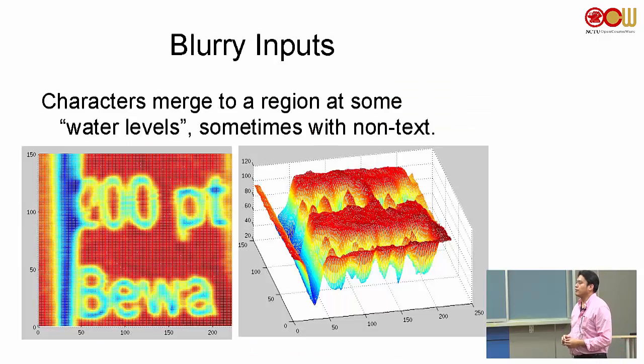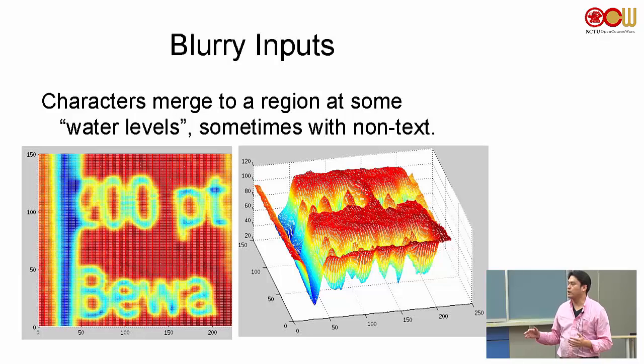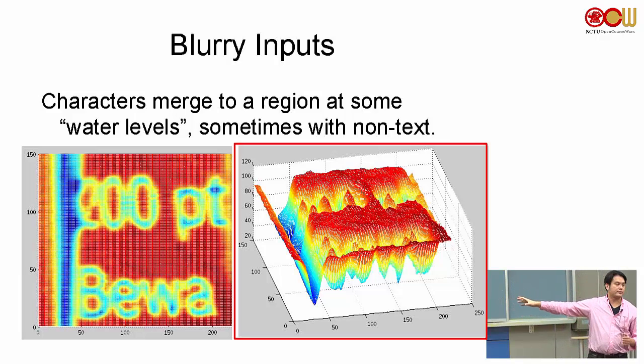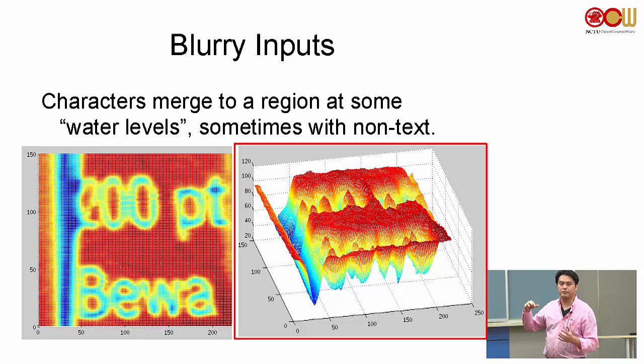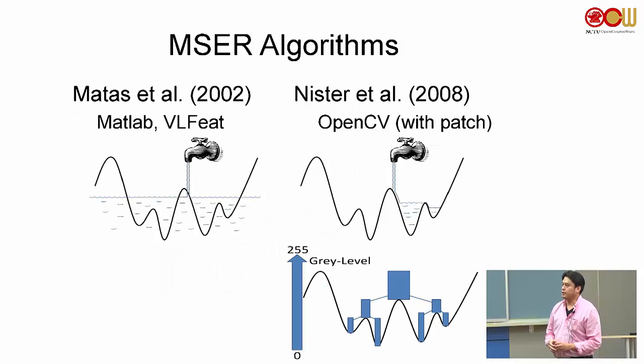You can imagine that suppose we use grayscale, and we have values from 0 to 255, and the image will look like the right-hand side over here, more like a landscape somehow. Okay, and MSER, the algorithm, this is one of the analogies here.